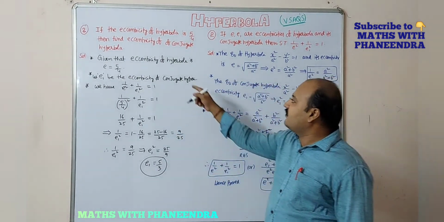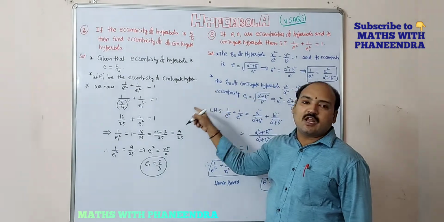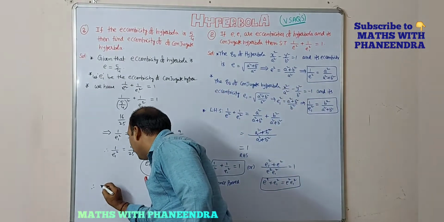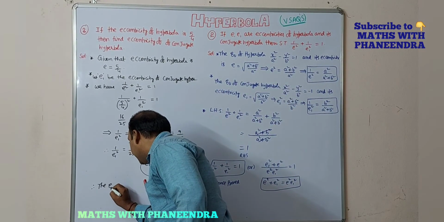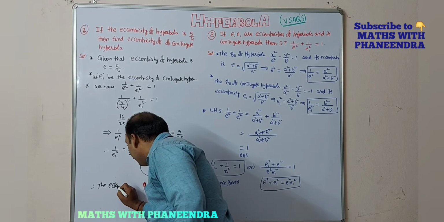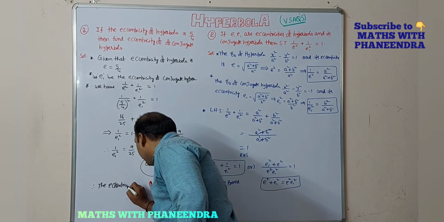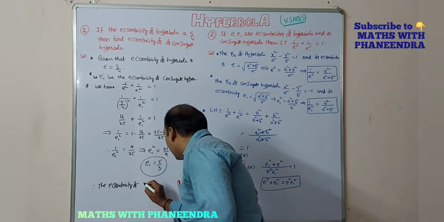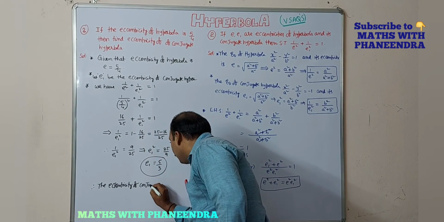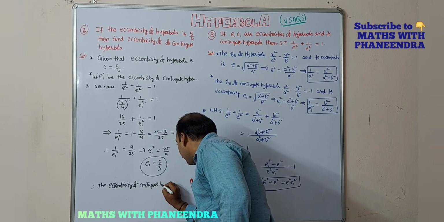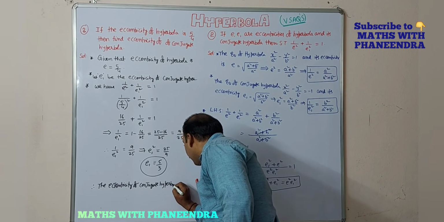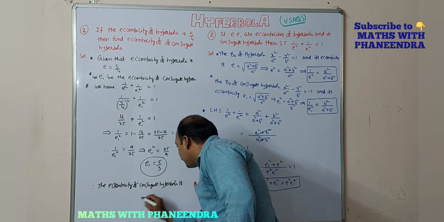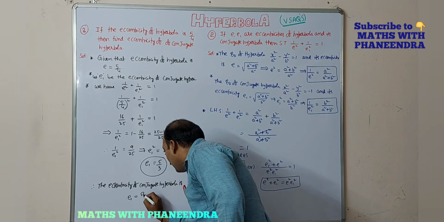We assumed E1 as the eccentricity of the conjugate hyperbola. Conclusion step: therefore, the eccentricity of the conjugate hyperbola is E1 equal to 5 by 3.